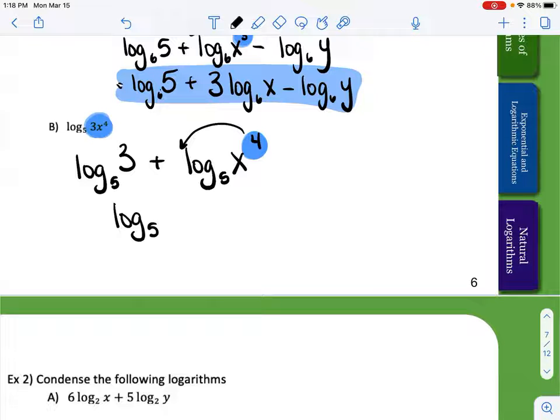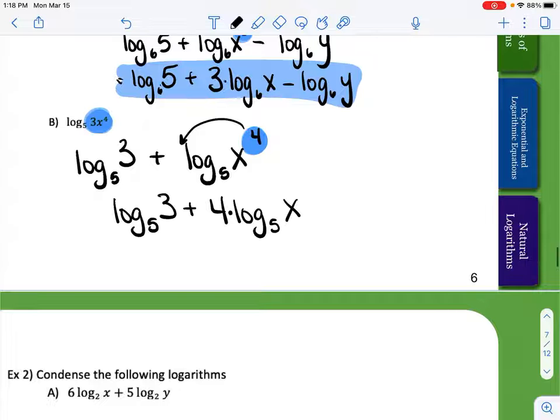So we have log base 5 of 3 plus 4 log base 5 of x, and that is actually our expanded form. Probably wouldn't hurt to go ahead and just show that multiplication between there, although you wouldn't necessarily have to. This is our solution. Okay?